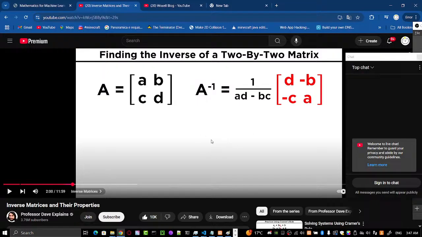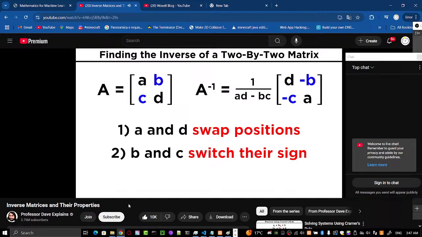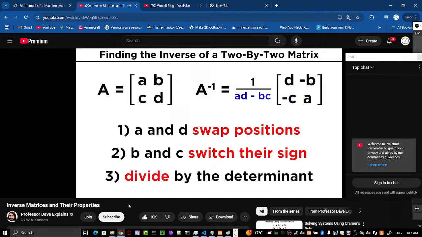We have to multiply by -1. So A and D have swapped positions. B and C have gone from positive to negative, and the resulting matrix is being divided by the determinant of the original matrix.